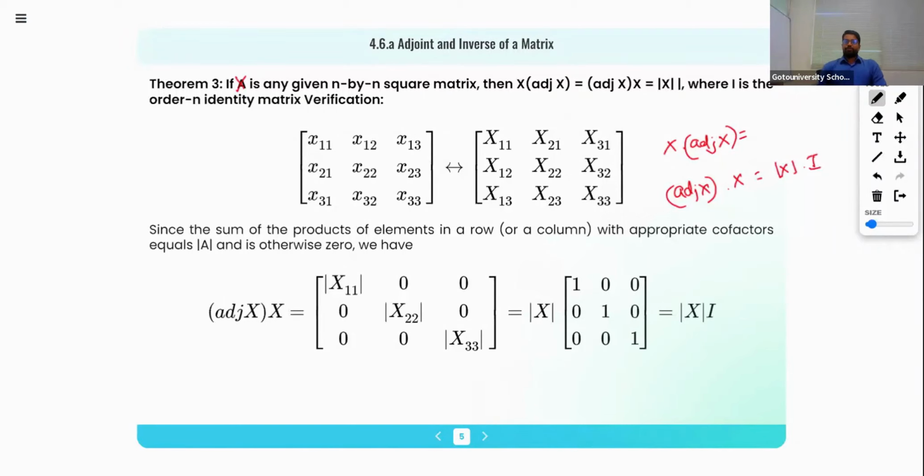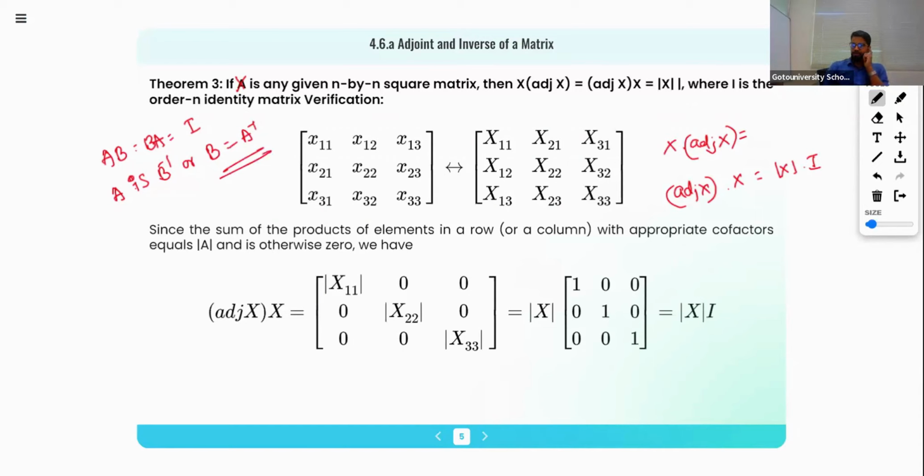Okay, so we have discussed in the matrix class, if a product of 2 matrices in any order is equal to identity matrix, then each of them is inverse of the other. So A is inverse of B, right? Or B is inverse of A, right?